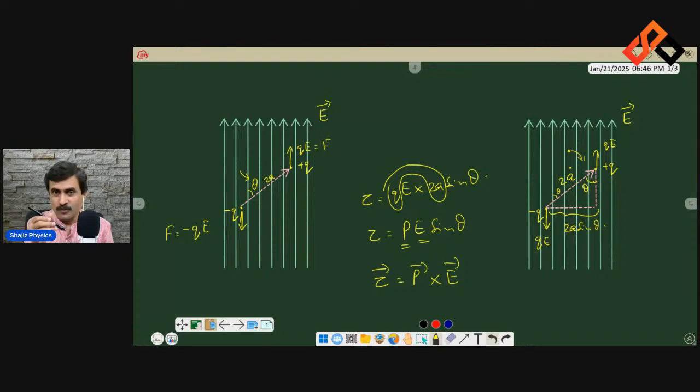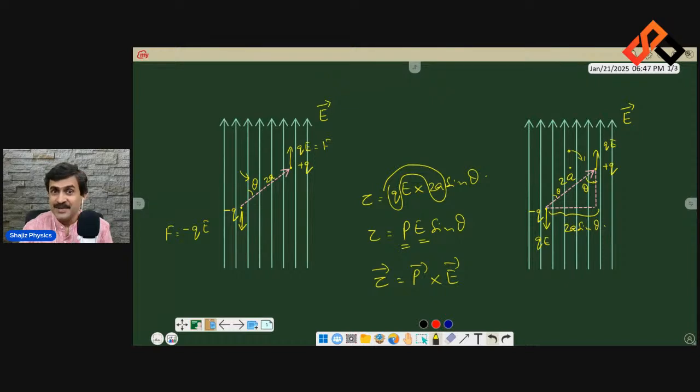So you need to do work, and the work which is being delivered by the external agent, here it is you or me, that work done will be stored in this particular dipole as its potential energy.